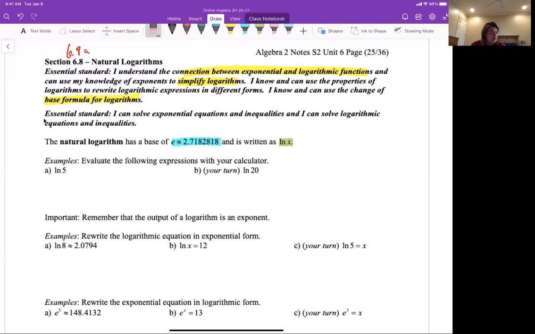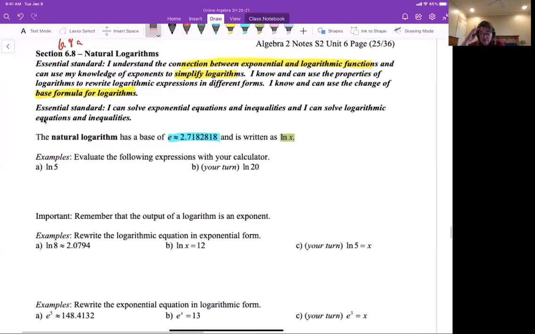You can find it on your calculator to the left of your 4 key if you have a TI-84. Basically, where this came from is that we have a lot of natural data that is in nature that follows this model, and that is why we have a base of e.